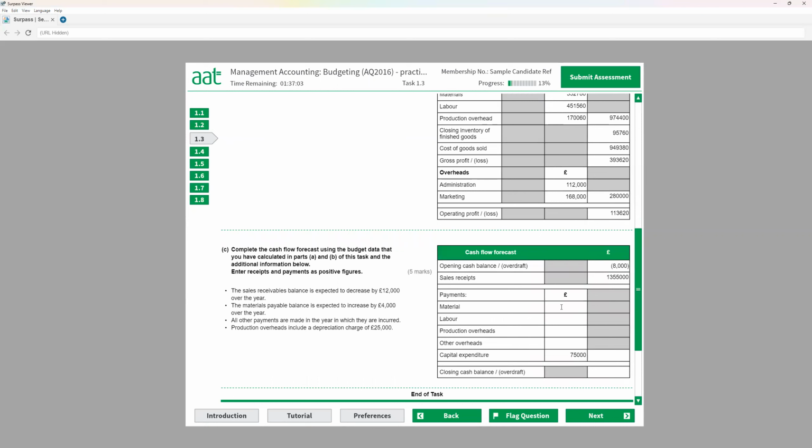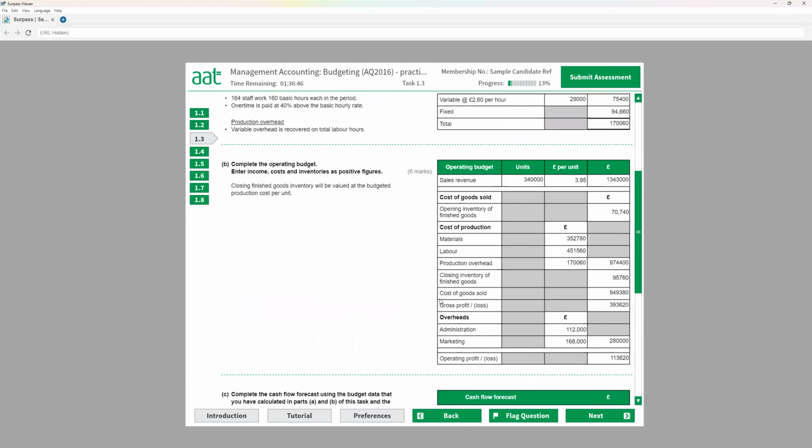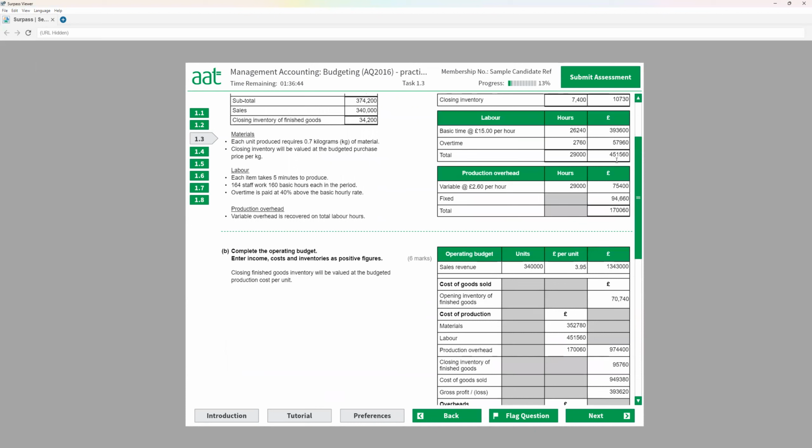So my material will be 347,190. It is good for me because the less cash I'm paying. The labor, they said all other payments are made in the year in which they're incurred. So this one has no impact on the labor. So how much labor we have, we need to pay the same amount.